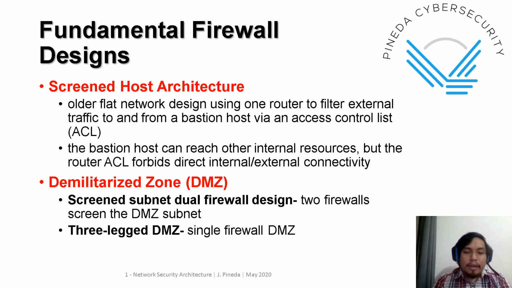And then we also have a demilitarized zone. So it's a screened subnet dual firewall design. We have two firewalls, the screened DMZ subnet, or a three-legged DMZ, wherein there's a single firewall DMZ. So we'll explore that more further on in the design.